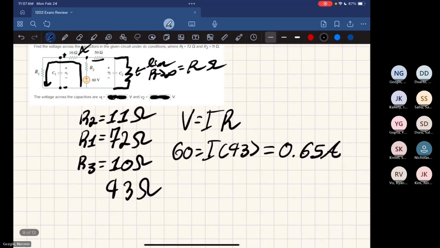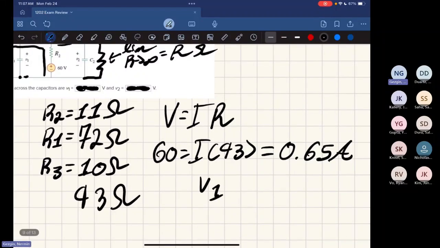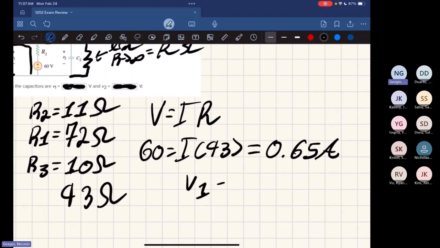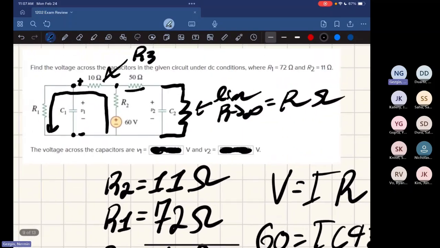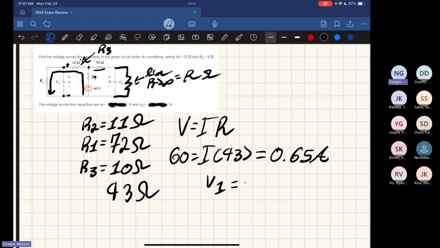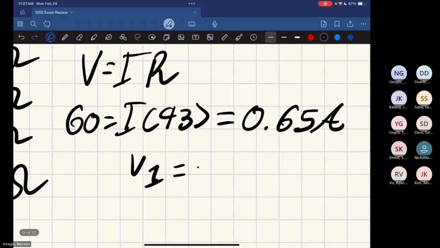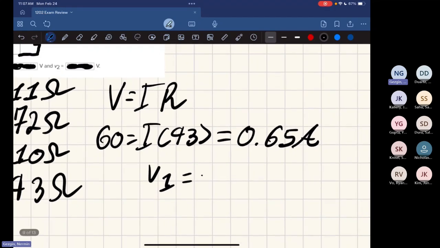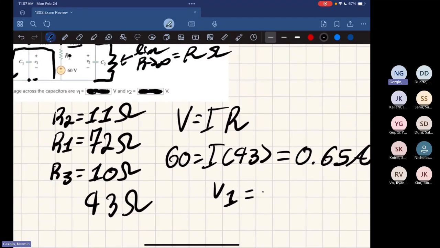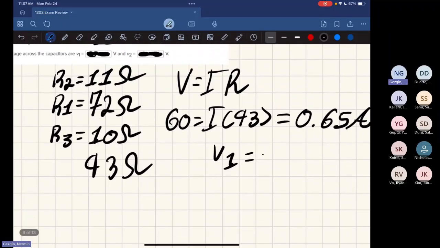To find V1, it is the drop of R2 right here and then R3. So we take the sum of those two values, which is 72. Oh no, we don't take the sum actually.